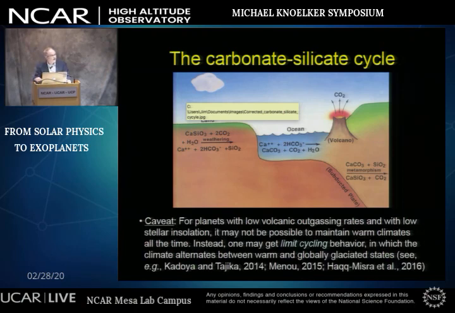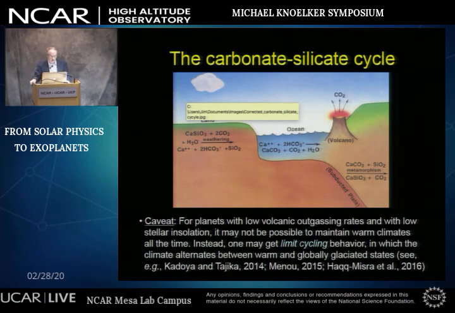There is a caveat to that, which some people have been aware of for a couple of decades, but I didn't become aware of until 5 or 6 years ago: if you have planets near the outer edge of the habitable zone, and they either have low volcanic outgassing rates or are getting less stellar illumination than the Earth, you can get limit cycling going on, where you do go snowball and melt off regularly.